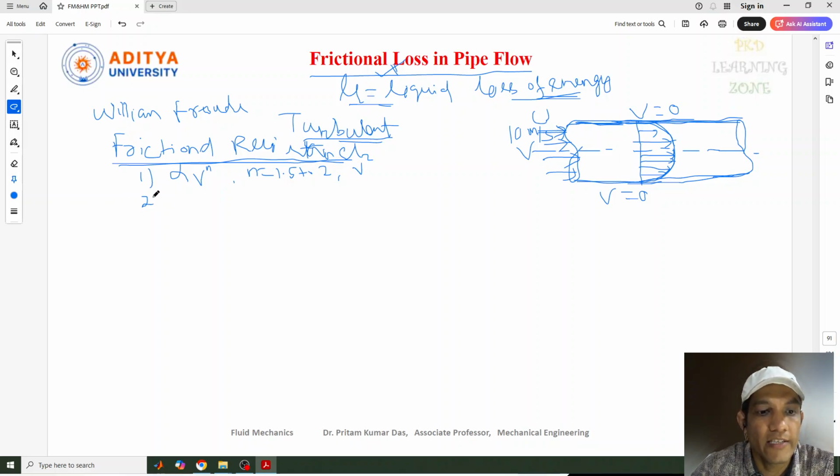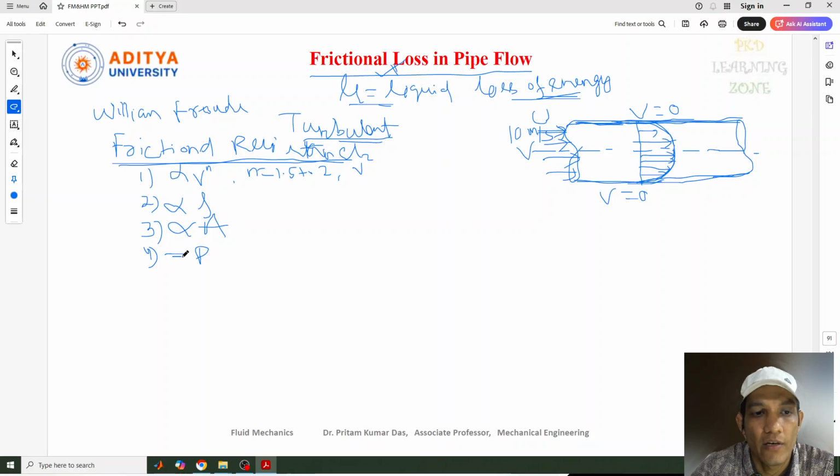Now this frictional resistance for the turbulent flow is also proportional to the density of the fluid. Next, this is also proportional to the area of the surface of contact, that means the area of contact of the liquid passing through this pipe. And along with that, pressure is there, but this is independent of pressure.